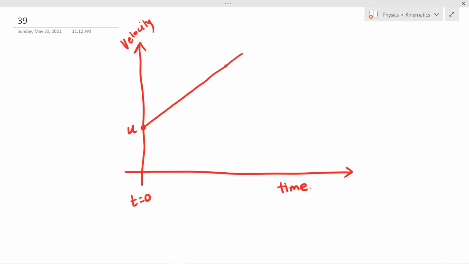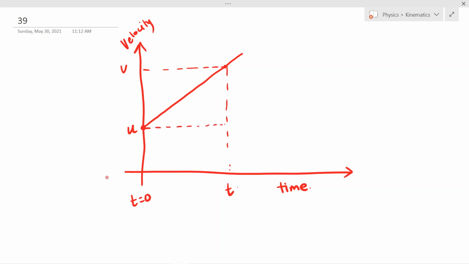And let's say at a later instant this velocity becomes v, at some time t. This is v.